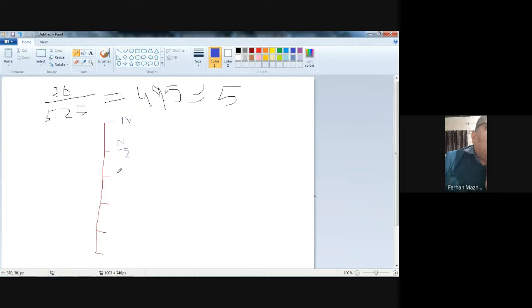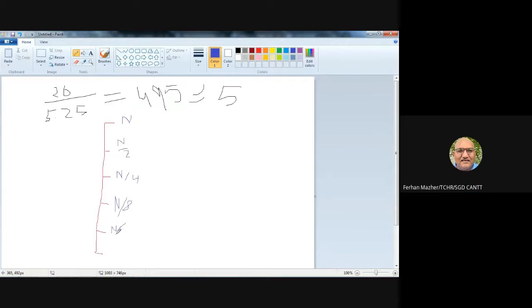When the second half-life passes, it will become N by 4. Then another half-life will pass, and it will become N by 8. Another half-life, and it will become N by 16. And when another half-life passes, it will become N by 32.